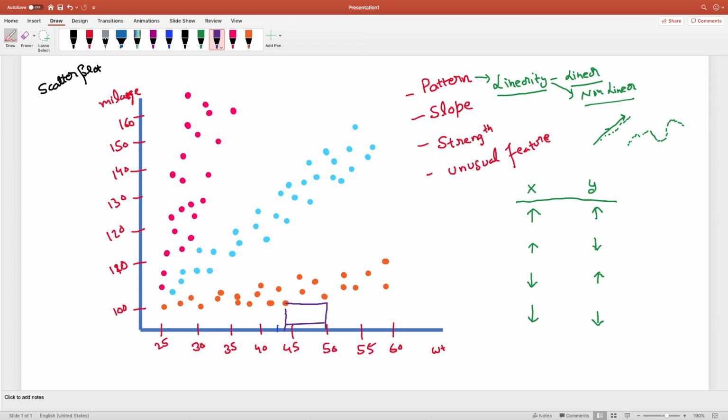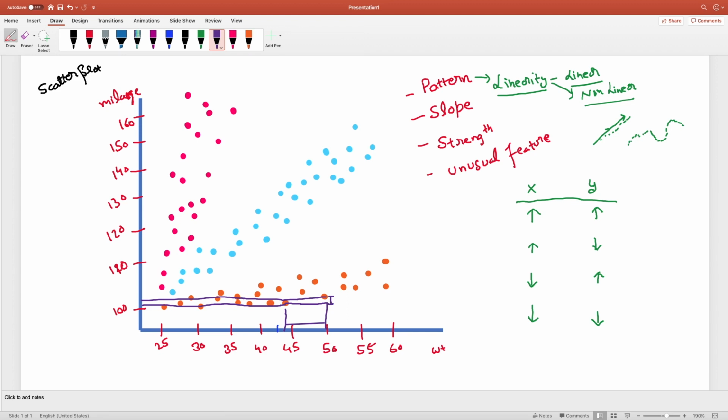And the value of y corresponding to this. So the y value of this is here, and for this the y value is somewhere here. I would draw something like this, right? So the difference in y is somewhere here.